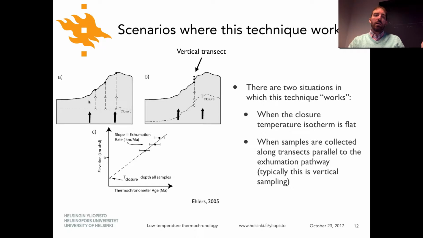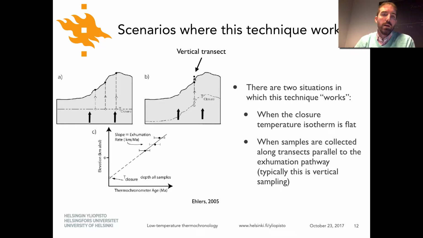You don't have to worry about whether that closure temperature isotherm is bent or straight, because there, if rock is being transported vertically up toward the surface, the difference in elevation is just going to give you different ages, and again, you can get the exhumation rate straight away from that. So those are good pictures.